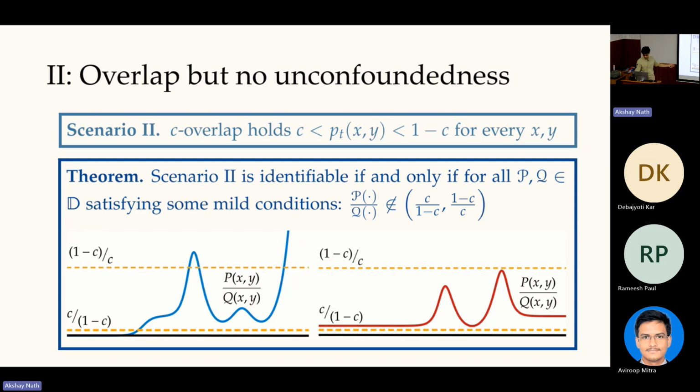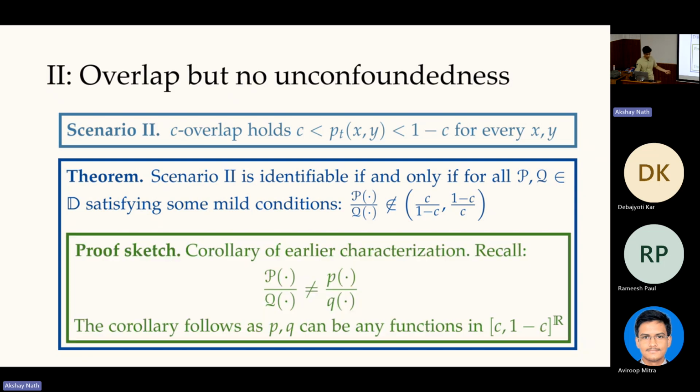So recall what we wanted to show is that this ratio P by Q as a function, which is the thing I drew, should not be equal to the ratio of two propensity scores.